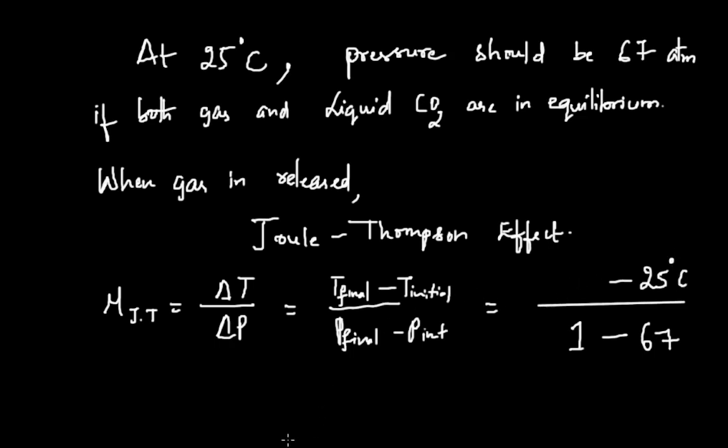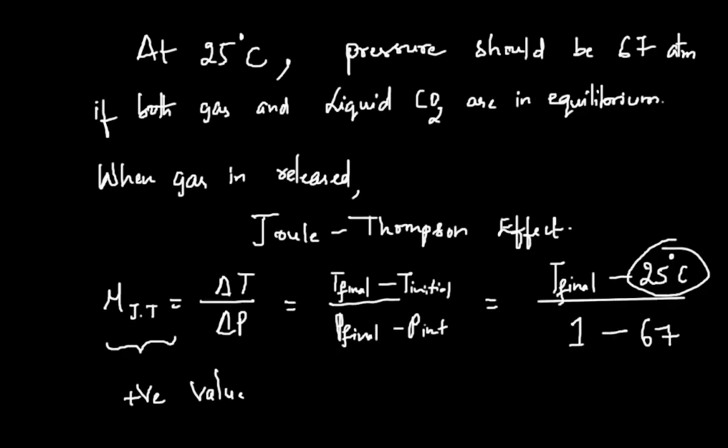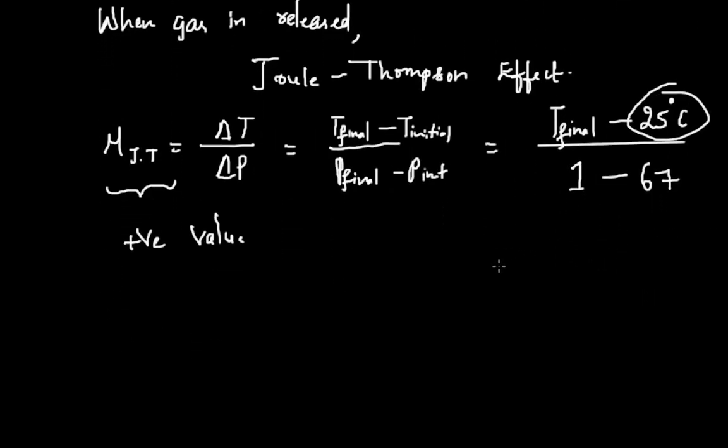Now this mu JT for carbon dioxide is a positive value. Which means your T final should also be lower than this, only then you will get a positive value, right? So if the pressure change is negative, the temperature change also has to be negative. So what happens? Simple adiabatic expansion. When adiabatic expansion occurs, temperature decreases.